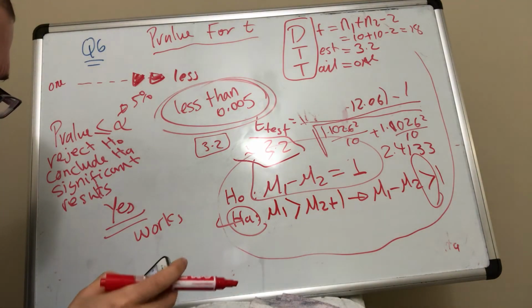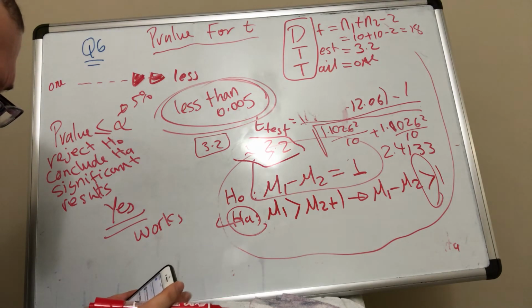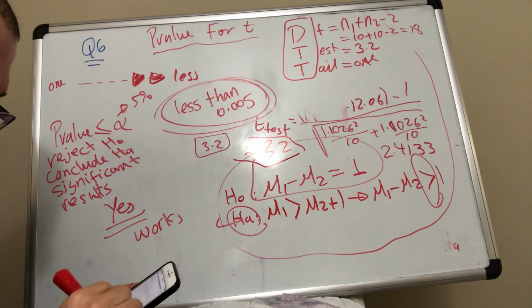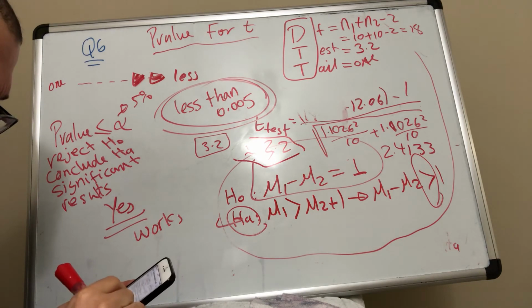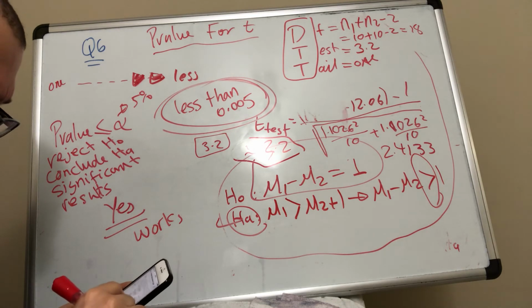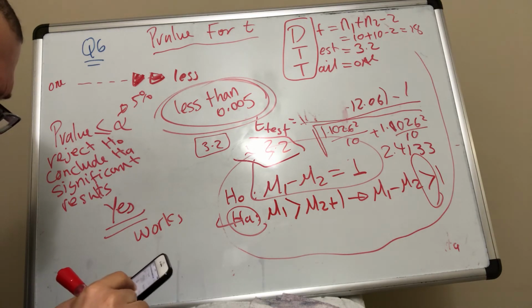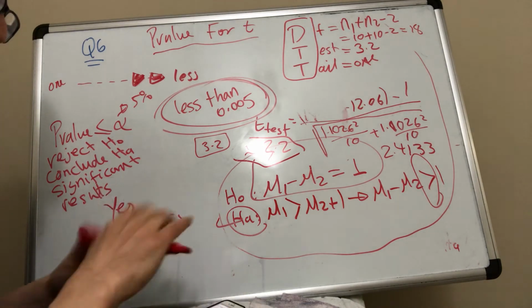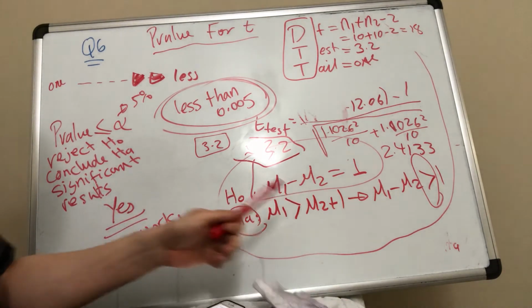Now, the second part of this question, they want you to do a 95% confidence interval for mu standard minus mu trial.